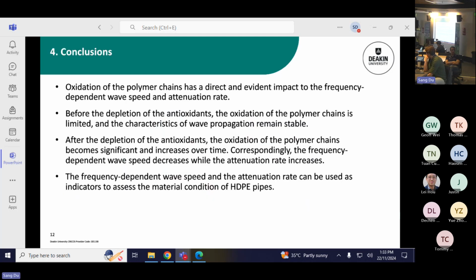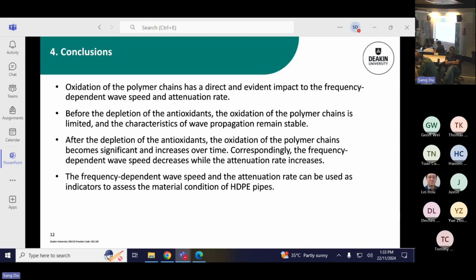Okay, so in general, we have proved the concept that the frequency-dependent wave speed and attenuation can be used as an indicator for condition assessment of plastic water pipes, and that is something useful because so far there are no cost-effective techniques for condition assessment of plastic pipes.